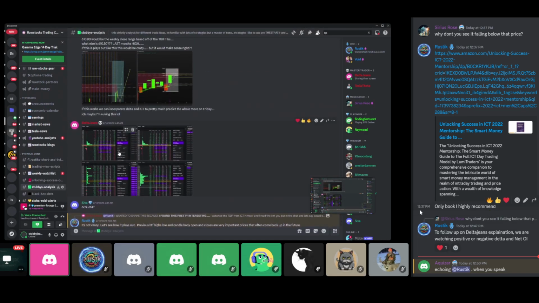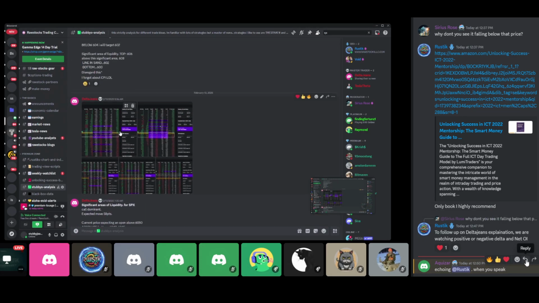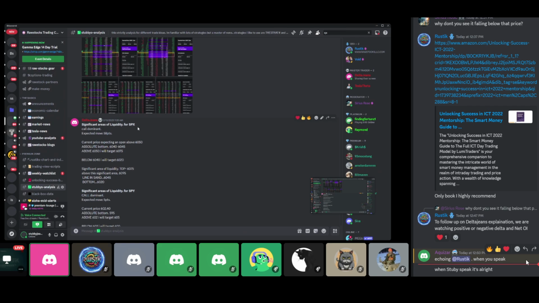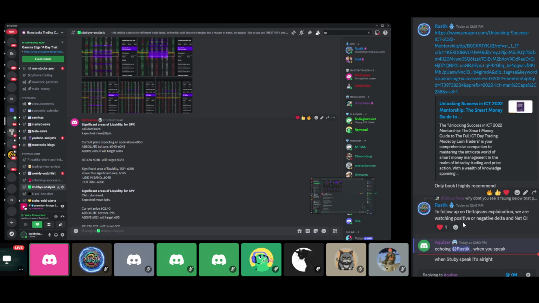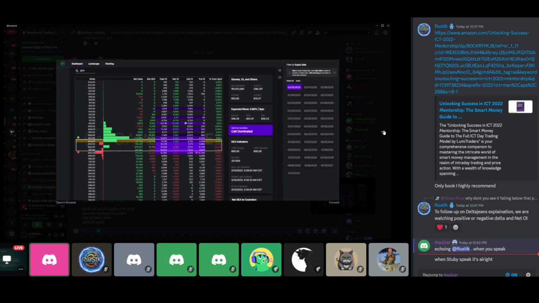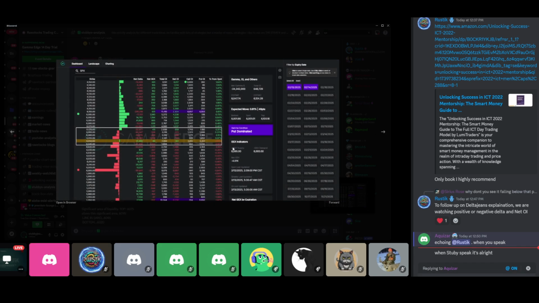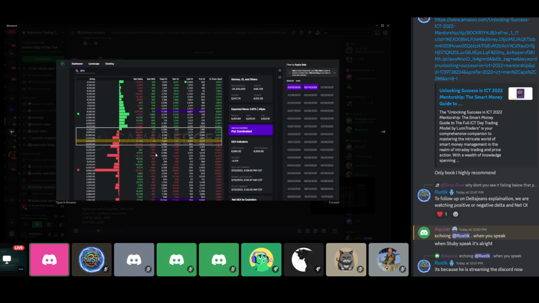All right. So let's just look at 2/13 for example. I said significant areas of liquidity for SPX, call dominated. This was populated at 7:35. Expected move 58 points. Okay, so I see right here that we're in a drunken sailor range. I see that 640 is a significant level.